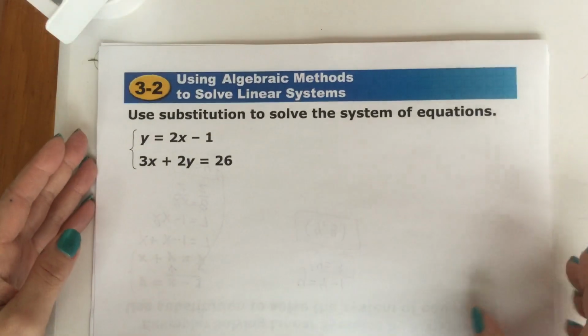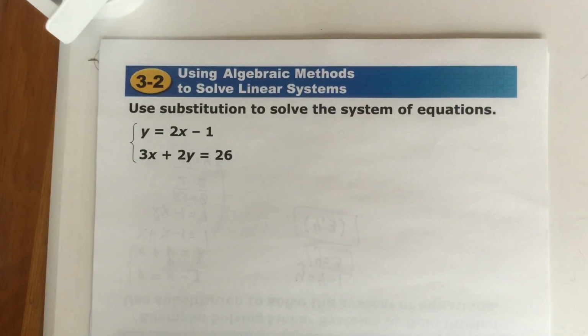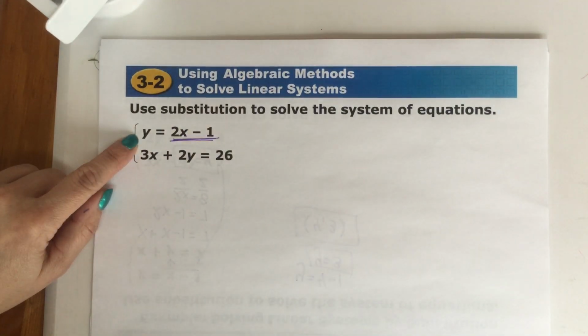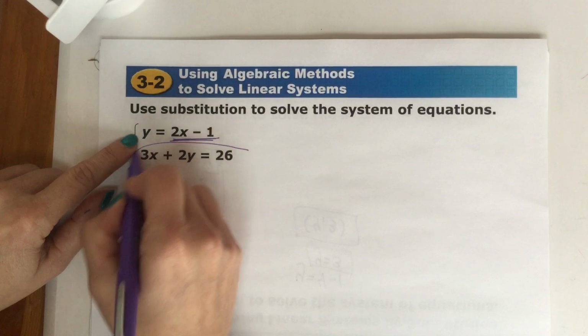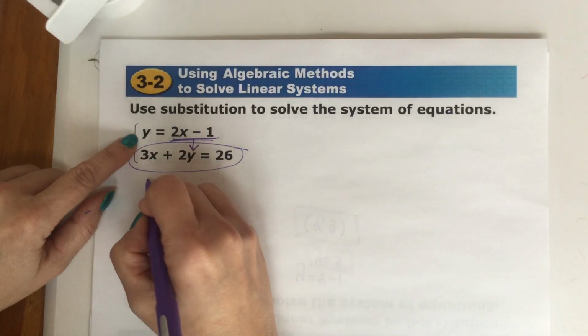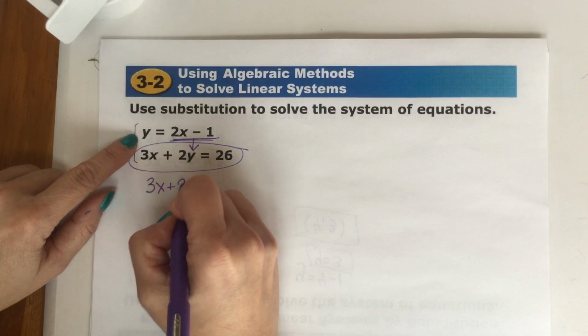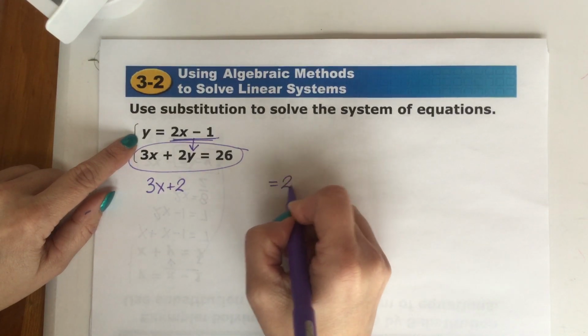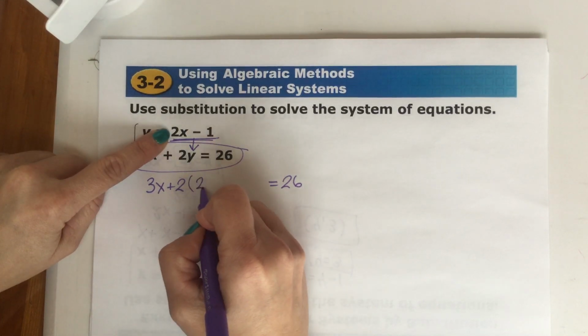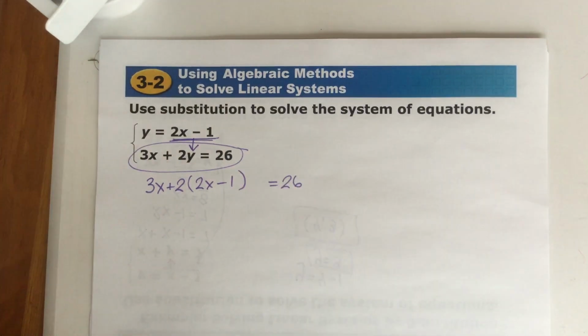Let's look at another one. Let's use substitution. So substitution, y is really 2x minus 1. So I go to the other equation and I substitute that in for y. The 3x stays, the plus 2 stays, the equals 26 stays. The only thing that changes is y, and y changes to 2x minus 1.